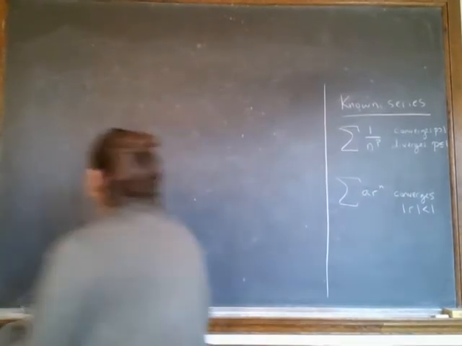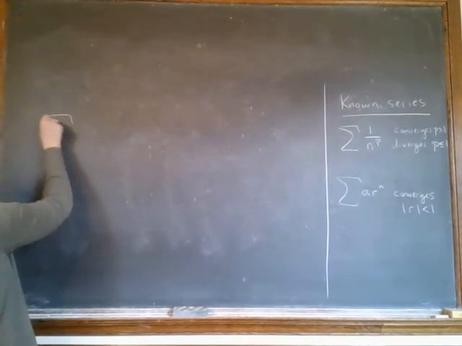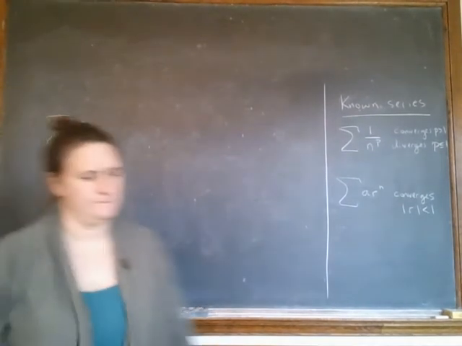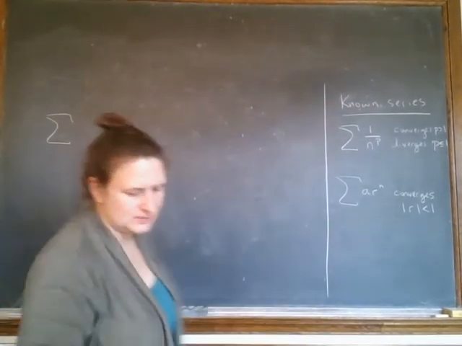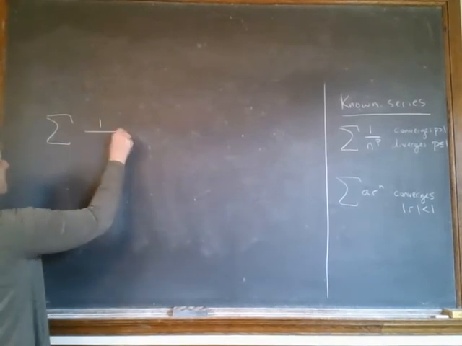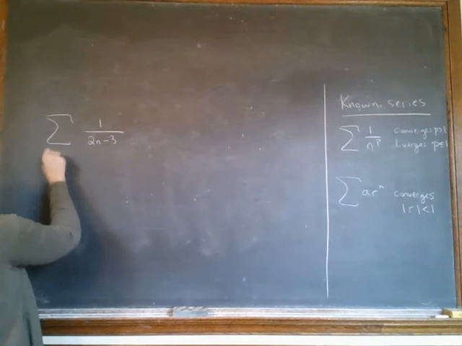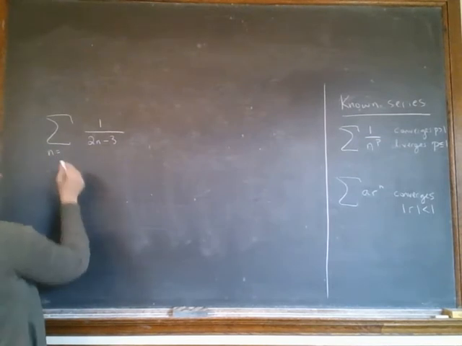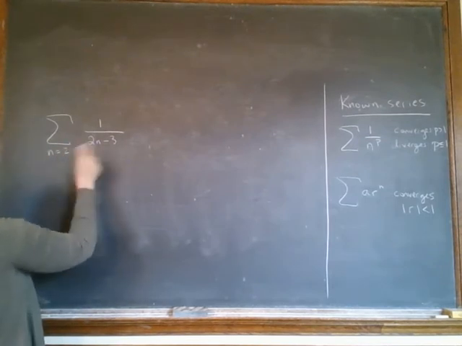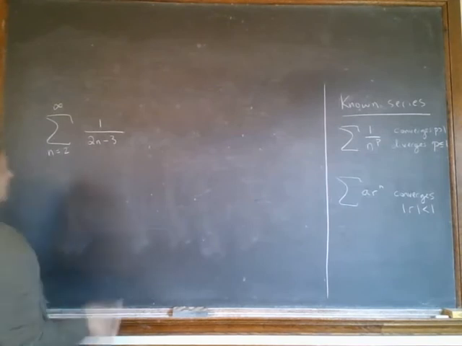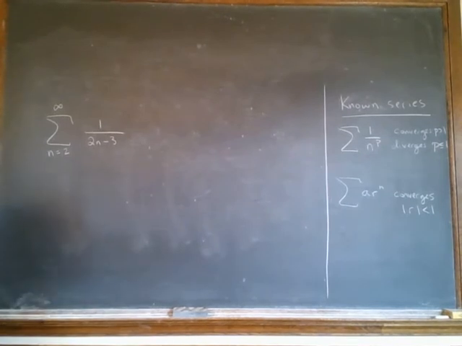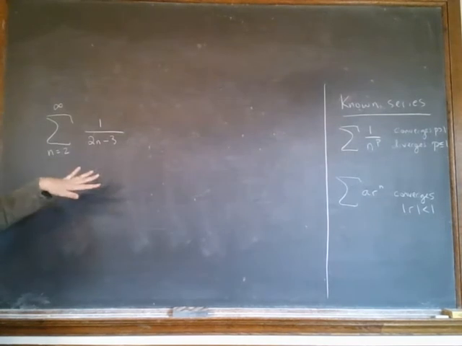So let's say you have a series like this. Okay? And I'm going to start from n equals 2 because I want all of my terms to be positive. Now, this we can integrate easily enough.